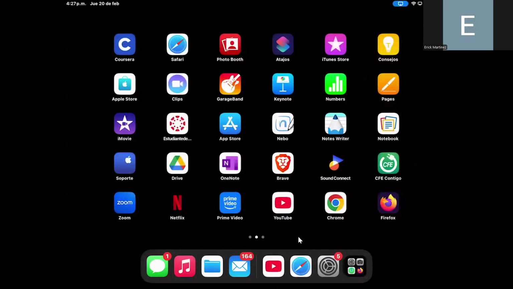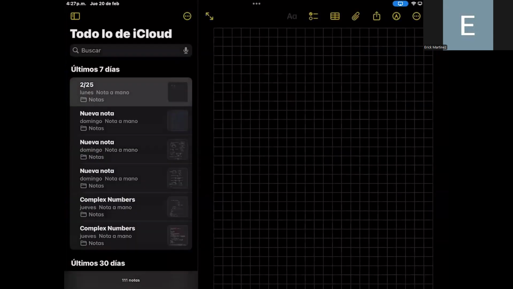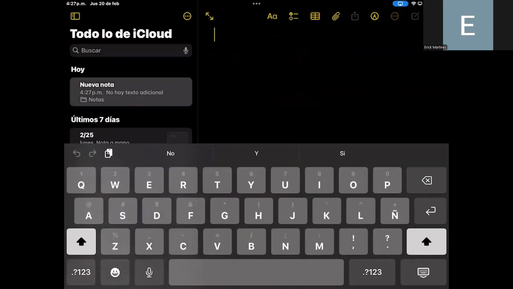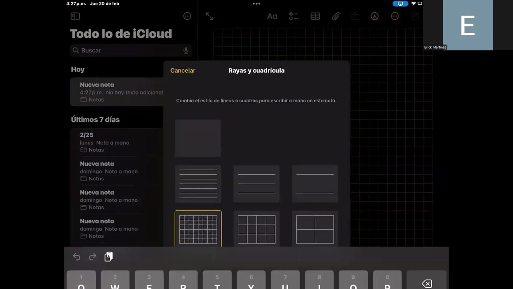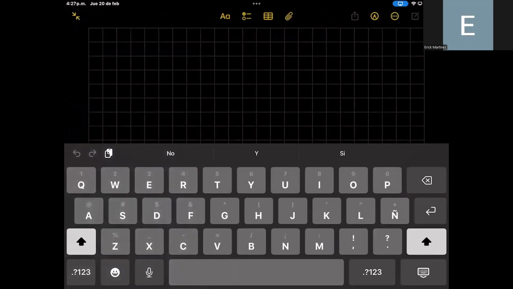So I would like to recover the exercise that we have. Let me go to my notes here, and let's make a new page. So in the exercise, we have two sinusoidals.